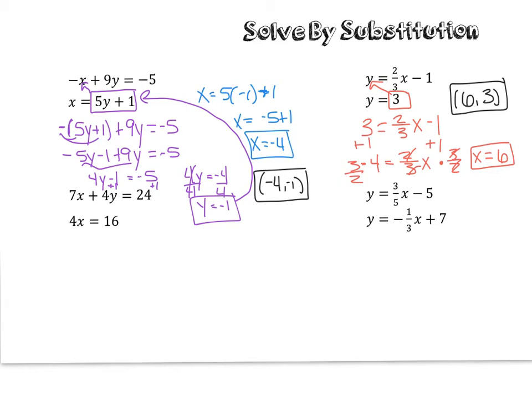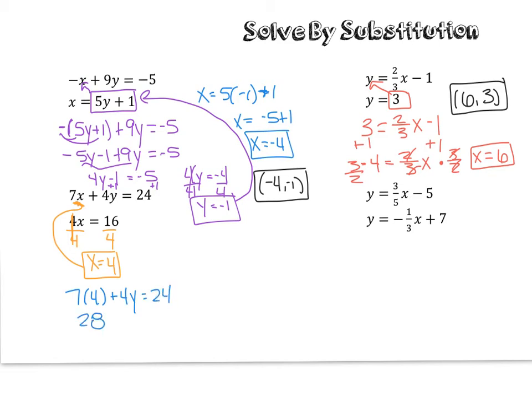Okay, on this next problem, nothing is solved for x or y. But if I simply divided both sides by 4, then x would equal 4. And then I could take that information and substitute it in for the x. So then I would have 7 times 4 plus 4y equals 24.